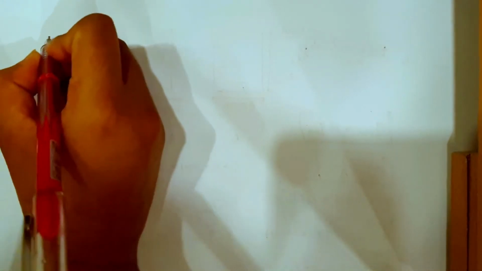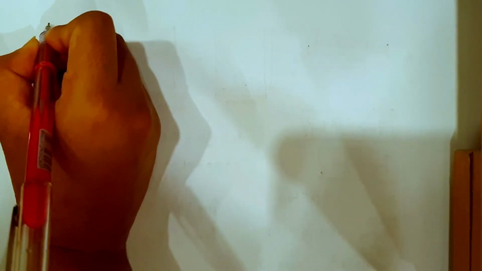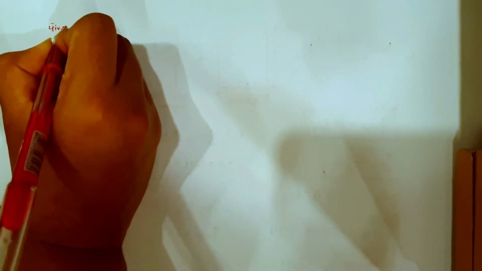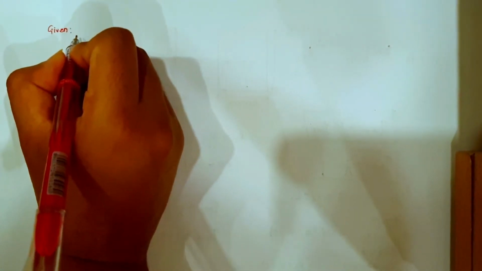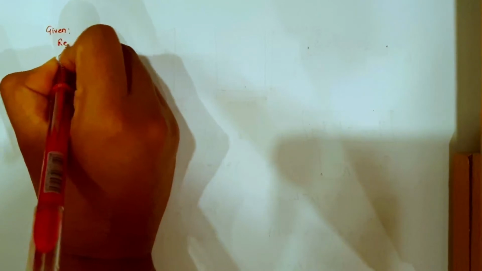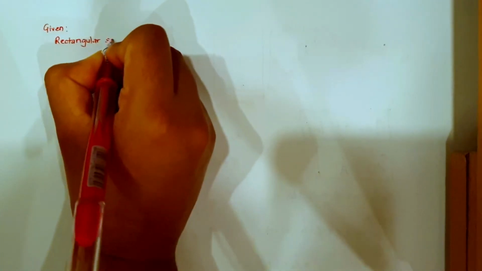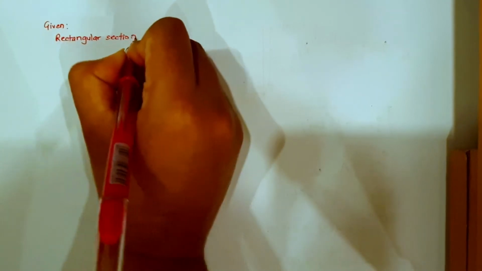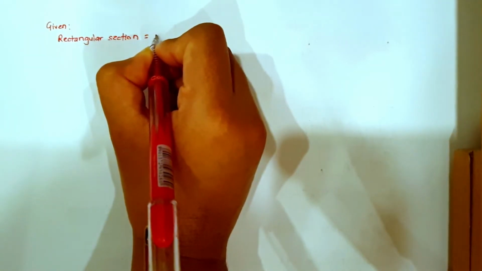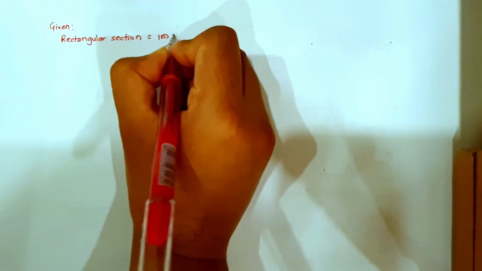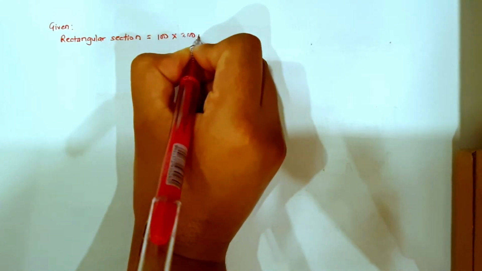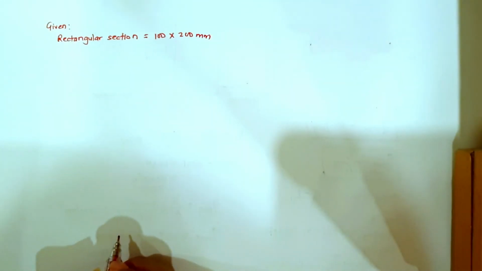Now in this third numerical, let us first compile the given data. So given, we have first the rectangular section, 100 mm into 200 mm, right?